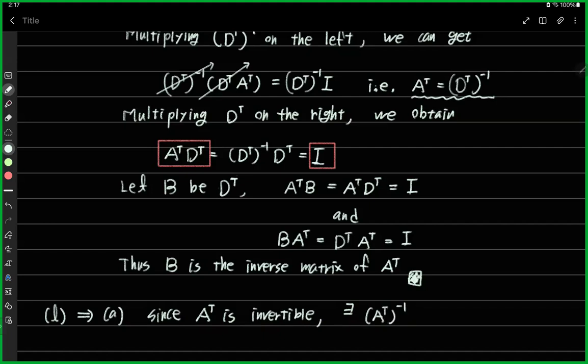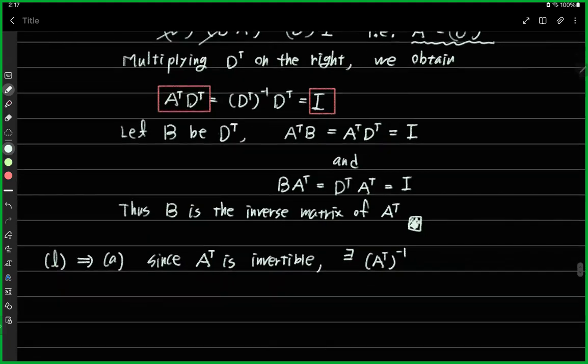What does that mean? What is statement L? A transpose is invertible, right? Then A is invertible. So we have to show that there exists some matrix such that this times A equals I, and A times that matrix equals I, right? So we assume that L is true, which means there exists the inverse matrix of A transpose.